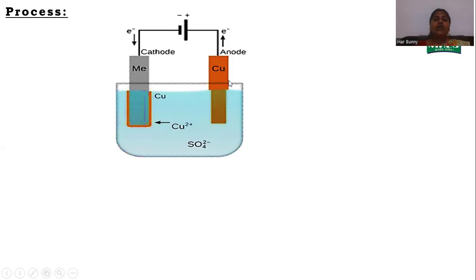So by that you can say the copper is deposited on the surface of the base metal and it formed a protective coating on the surface of the base metal, right? So this is how the electroplating process is done, right?